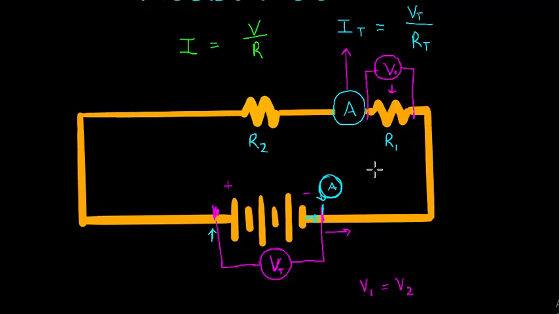And now all of a sudden, the amount of energy I spend on the first resistor cannot be the total energy of the battery, because then I will have no energy left to spend at the second resistor.